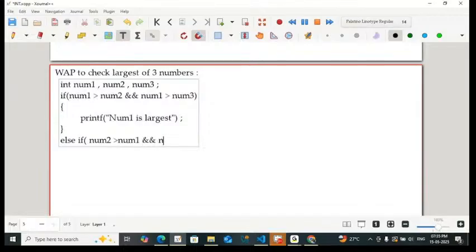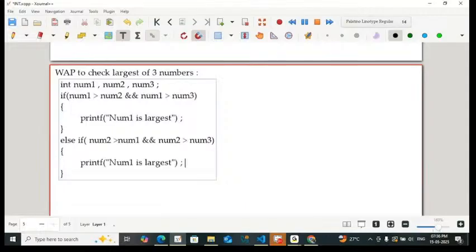Also, I have to make sure num2 is greater than num3. Then I can say num2 is largest. Okay, so here I am going to say num2 is largest. Now if neither of them is largest, then obviously I have to go to the else block to say num3 is largest. Okay, so here I am adding one printf saying num3 is largest.